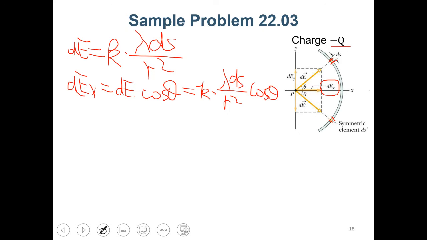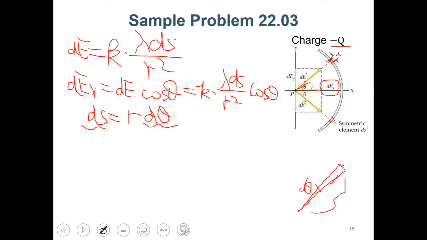Now ds is r d theta. I suppose you should know this from high school: the length of the arc is the radius times the angle. This is d theta, and this one is r. So ds is r times d theta.